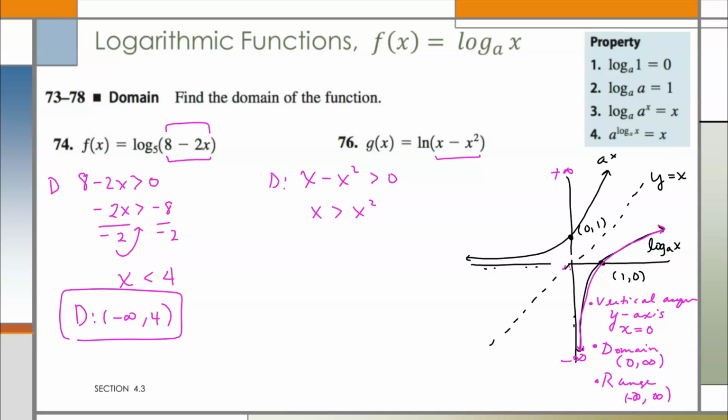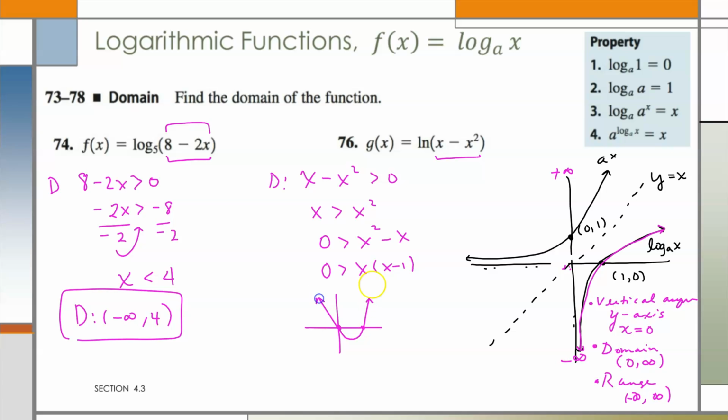I'm going to add x squared to both sides, and then I'm going to subtract x. So we have x times (x minus 1), a graph of a parabola that opens up, crosses at 0, crosses at 1.